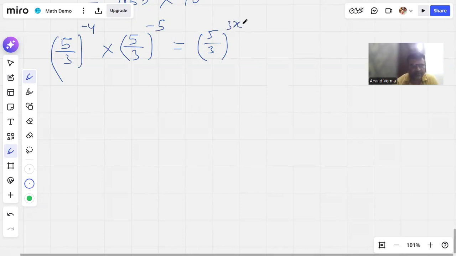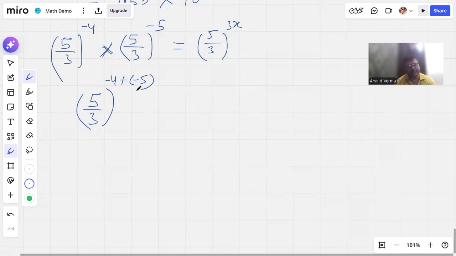So 5 upon 3 into 5 upon 3. The base is the same, and multiplication is there, so the exponents we will have to add. So 5 upon 3 raised to the power minus 4 plus minus 5.